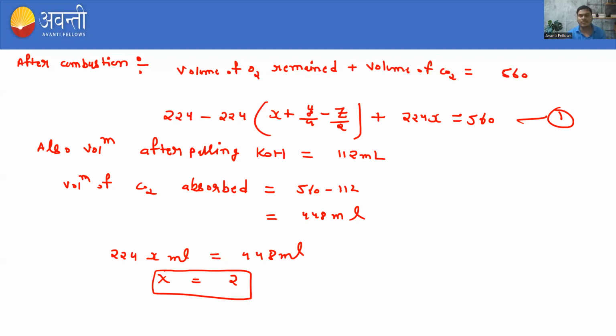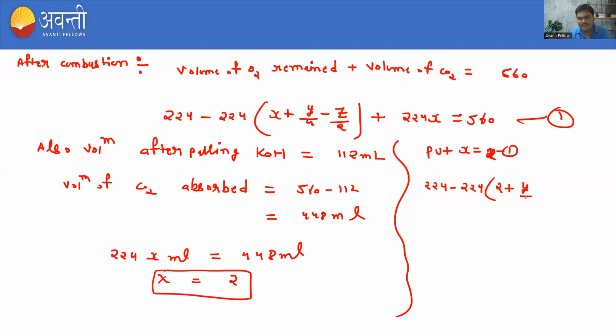Now you can just put the value in equation number 1. So put x is equal to 2 in equation 1. Value of x is 2, so don't get confused. If we put this, then what will we get? We'll get 224 minus 224 into 2 plus y by 4 minus z by 2, plus 224 into 2 is equal to 560.